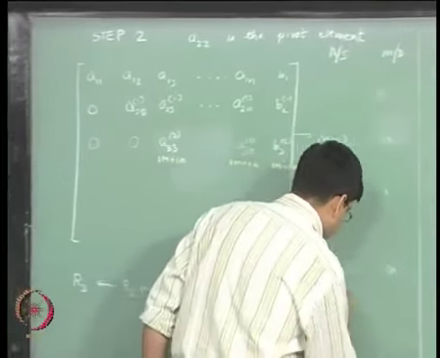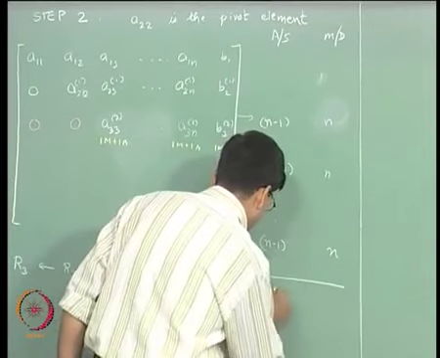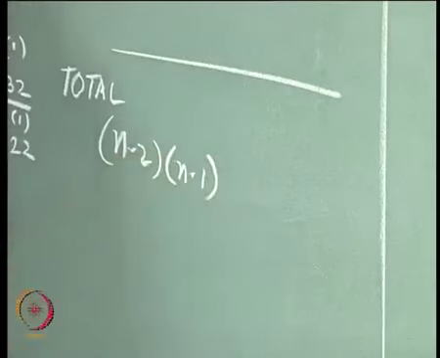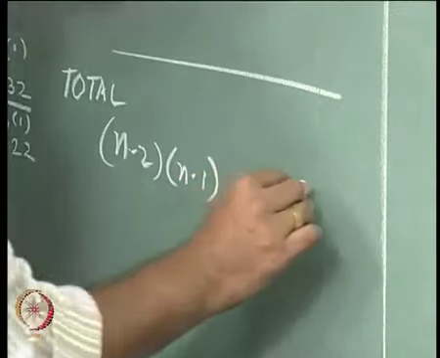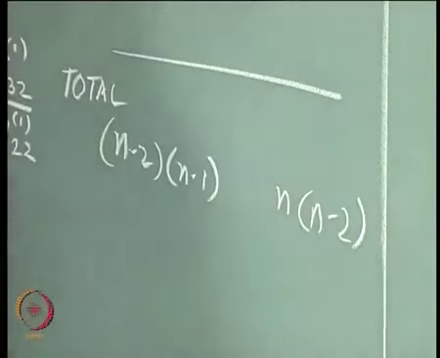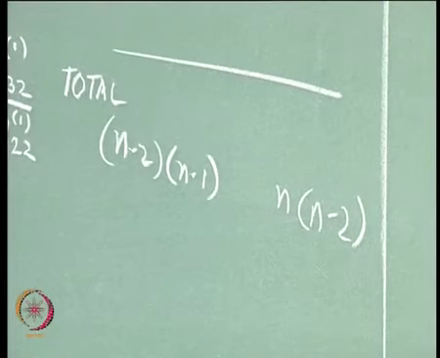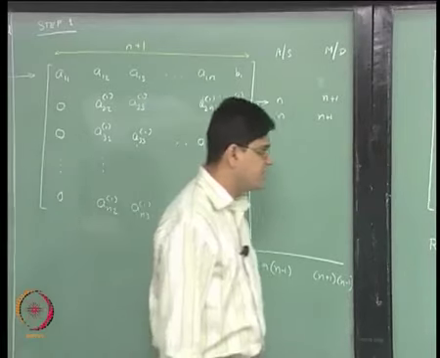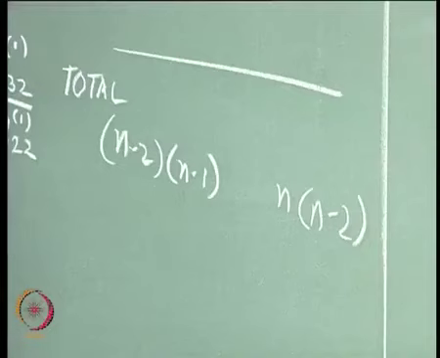So the total number of operations that we get is n minus 2 multiplied by n minus 1, and in this particular case the total number of operations is going to be n multiplied by n minus 2. In the previous case, the total number of operations were n multiplied by n minus 1 and n plus 1 multiplied by n minus 1. In this particular example we have n minus 2 multiplied by n minus 1 and n multiplied by n minus 2 operations.